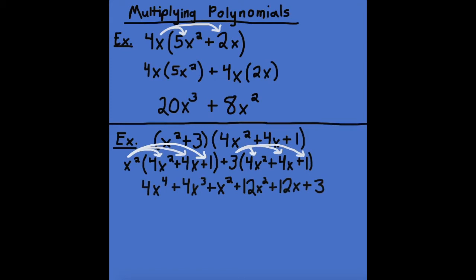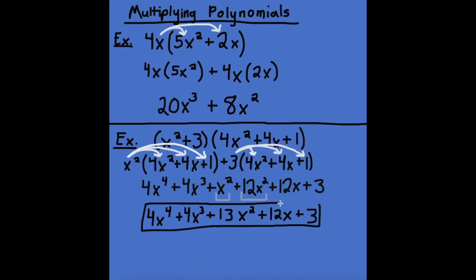Remember that to add and subtract polynomials, we have to combine like terms. x squared and 12x squared are like terms since they both have x squared in them. 4x to the 4th stays 4x to the 4th, since there are no other x to the 4th terms. 4x cubed will stay 4x cubed, since there are no x cubed terms. x squared plus 12x squared is 13x squared. 12x will stay 12x, since there are no other x terms. 3 will stay 3, since there are no more constants.